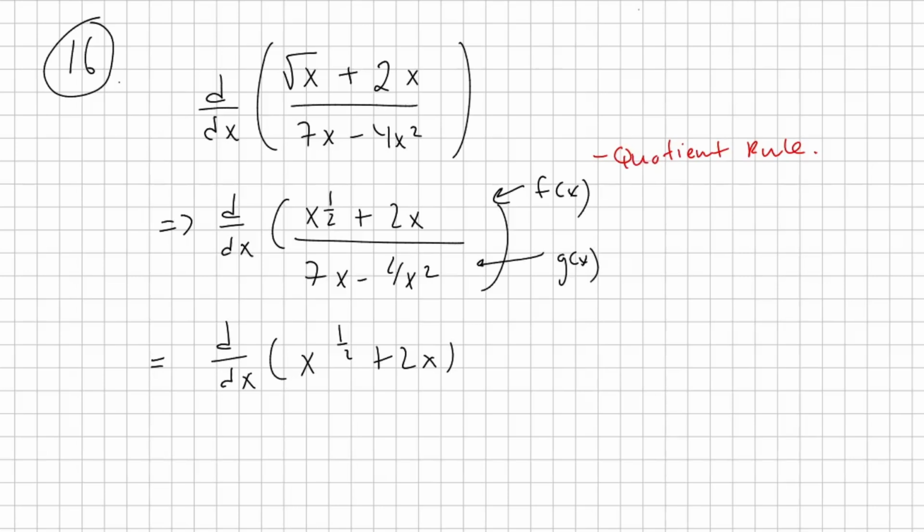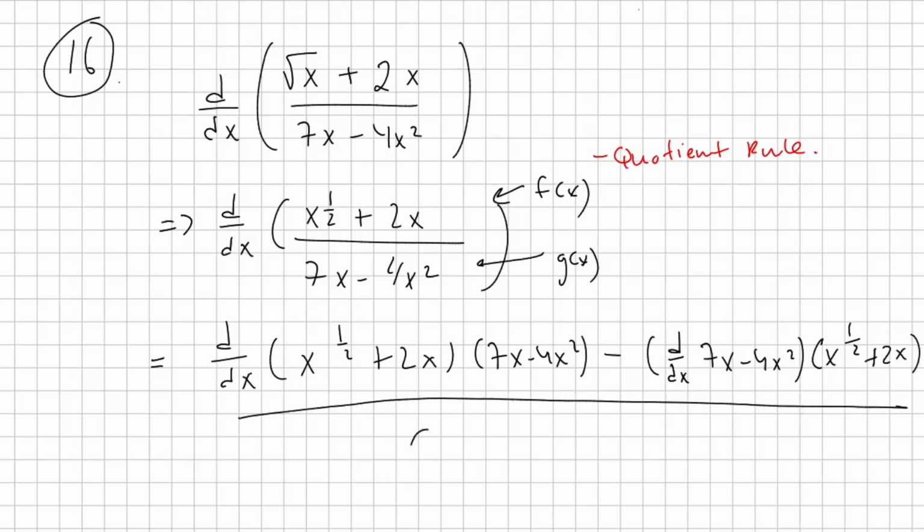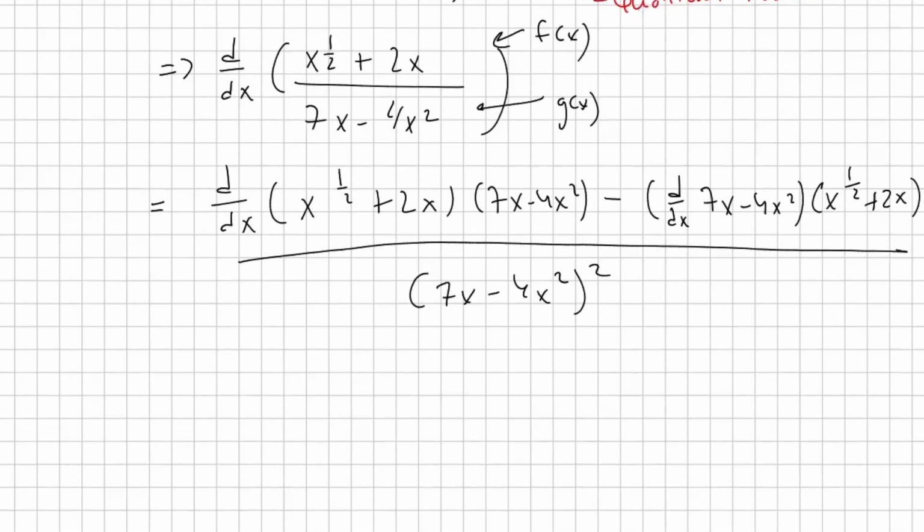Okay, so it's going to be the derivative of this multiplied by 7x minus 4x squared, minus the derivative of the bottom, which is d over dx of 7x minus 4x squared, multiplied by the top, which is x to the half plus 2x. And you're going to be dividing this entire thing by the bottom squared, so it's going to be (7x minus 4x squared) squared. So we're going to take the derivatives, and I'm just going to put dot dot dot because we're not going to do the entire simplification process.